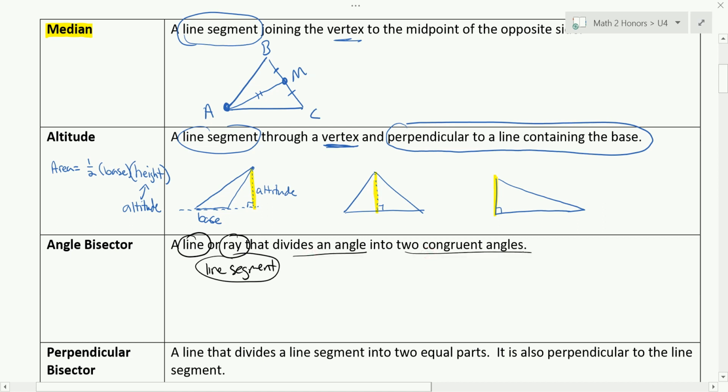So we don't even need a triangle here, but we're going to work with triangles. And so if I have this triangle here, and I pick an angle, so I say angle A here, and I just draw a ray that cuts that angle in half so that this matches this, then let's call this AB. So then ray AB would be an angle bisector.